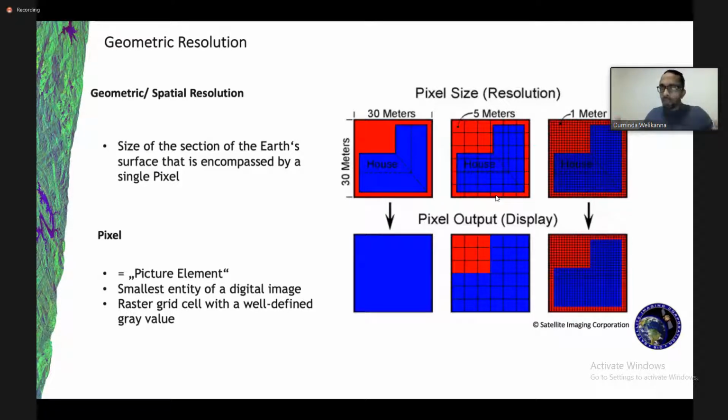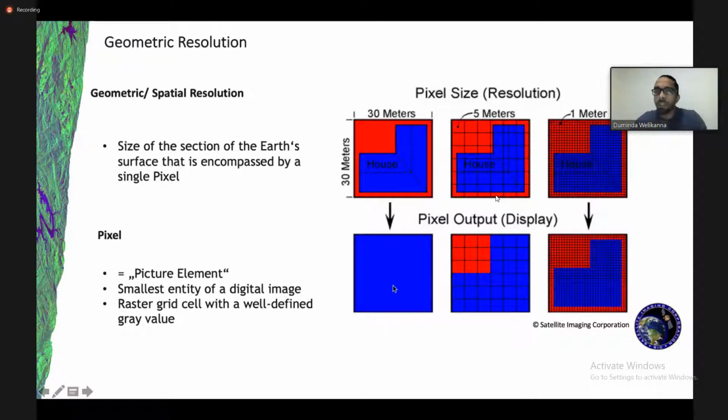If these 2 people are standing more than 1 meter distance apart, most probably 1 person will get 1 pixel, the other person will get the other pixel. So you will see 2 dots. That means 2 objects are there. So this 1 meter is the highest resolution, 5 meter is moderate resolution, and 30 meter is low resolution. So depending on the spatial resolution, the image capabilities change.